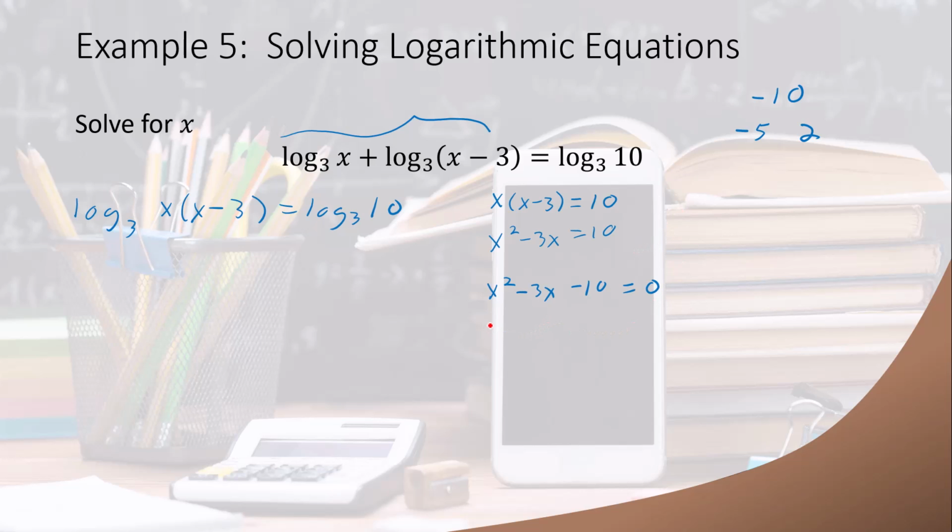So I can rewrite this as x minus 5 times x plus 2 is equal to 0.